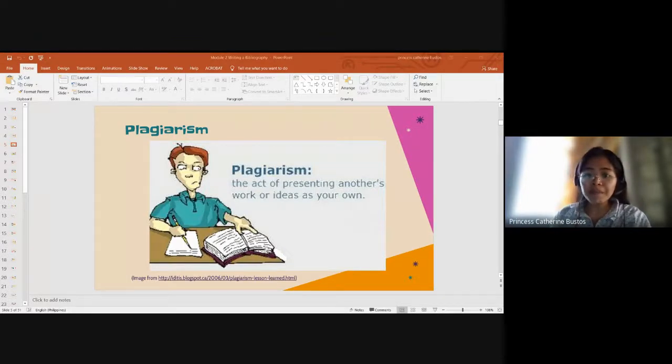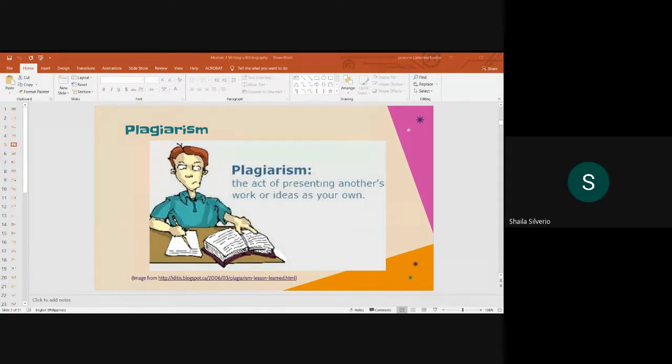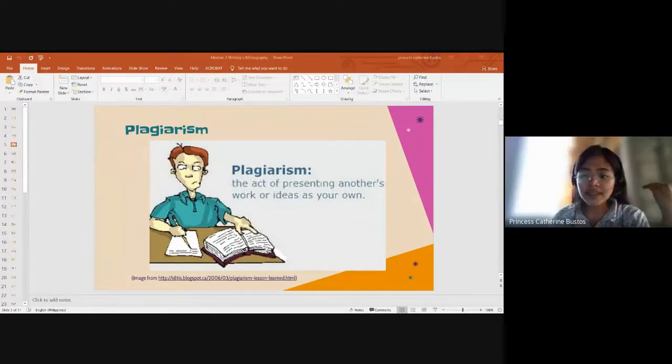So when we say information from textbook or other things, those are what we call intellectual property. Everybody say intellectual property. Intellectual property. Okay. And just like the example a while ago with stealing money, instead of stealing money, you are stealing someone's intellectual property.